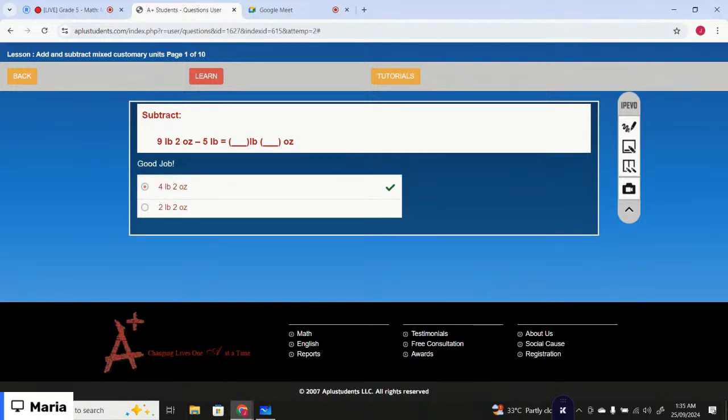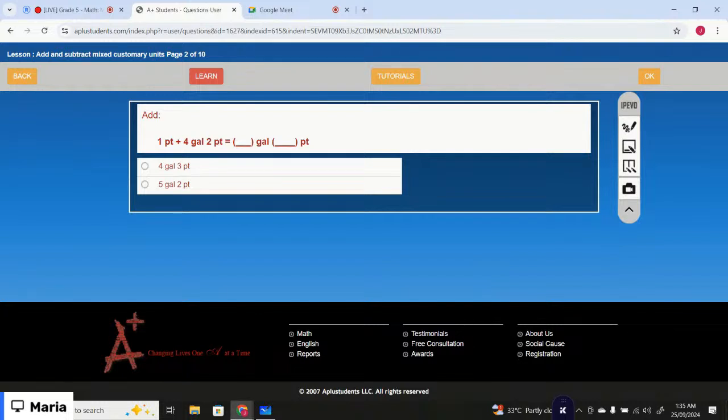Okay, the next one is 1 pint plus 4 gallons 2 pints. So which is the correct option?